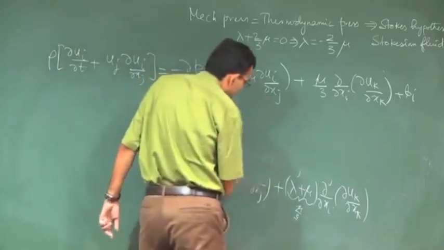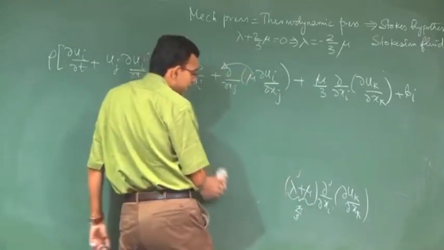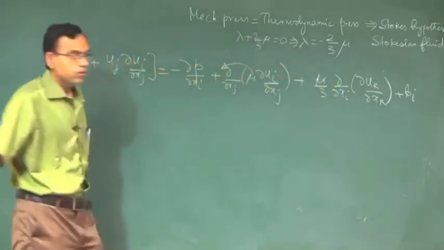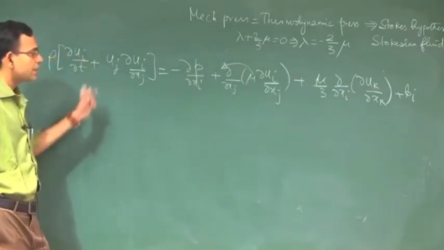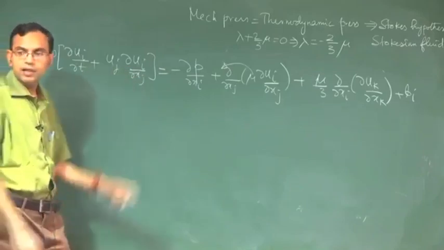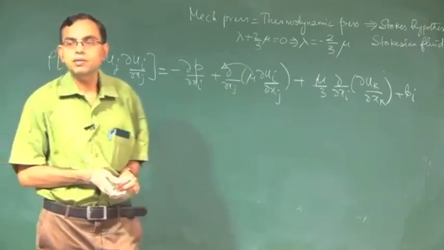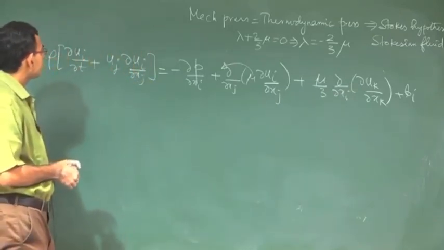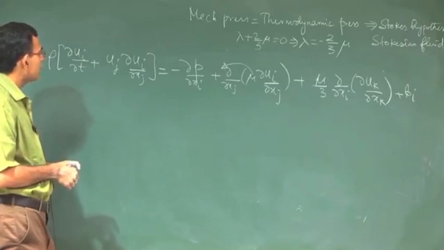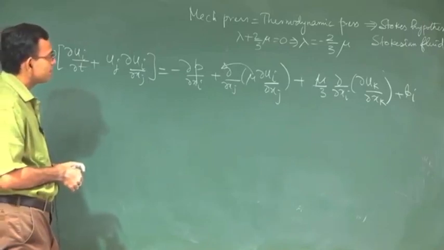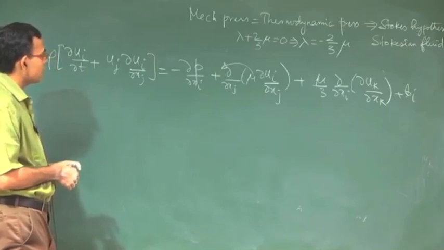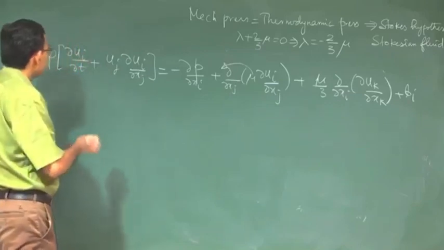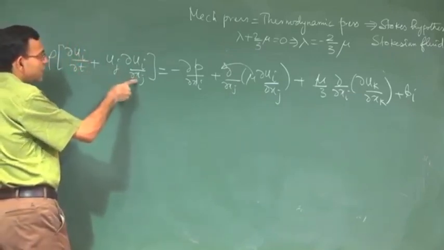So now let us look into the number of equations, number of unknowns, etc., and then we will also see the vector form. Maybe let us first see the vector form and then we will look into the number of equations, number of unknowns, etc. So this is the ith component.